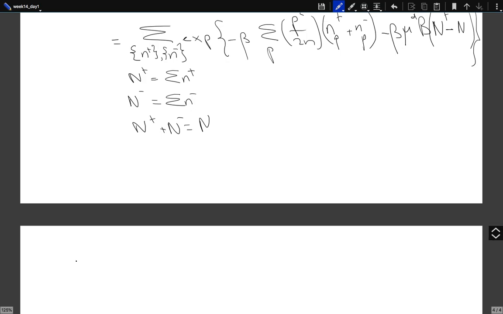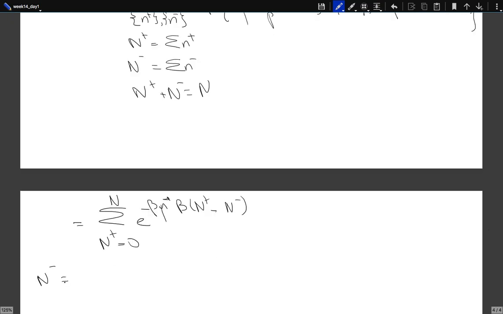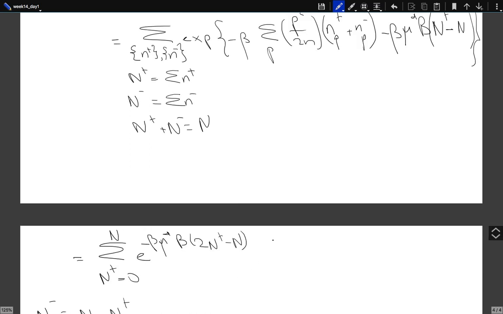Now let me rewrite that sum in a slightly different form. So let's say N plus can take any value from 0 to N. Then I have e to the power minus beta mu star B (N plus minus N minus), and N minus is just N minus N plus, so I'm basically imposing one of the constraints. Since N plus plus N minus is N, I already know what N minus is, so this is 2N plus minus N. Now the remaining terms, I will be summing over the sets of n_p plus values.